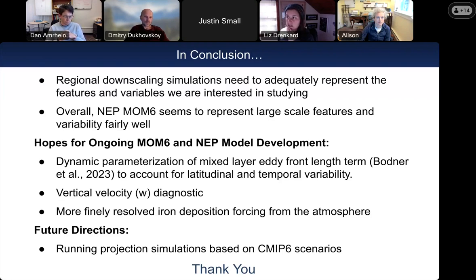But it's still a valid point. I need to go back and check what we have for that strait flow just as a criteria in general for evaluating. But because we were concerned about that being a boundary condition, we moved the boundary quite a bit further away from there. So it still begs the question, are we doing it well? But rather than having that be a boundary itself, we expanded it outward further north. Okay, thank you.